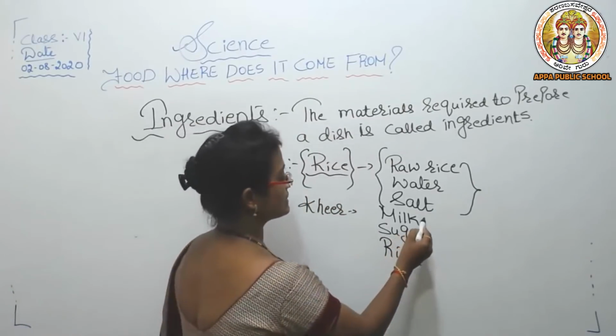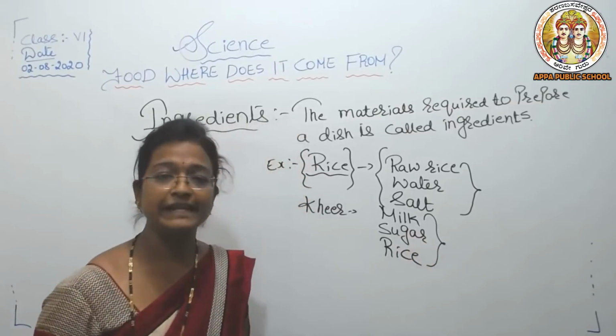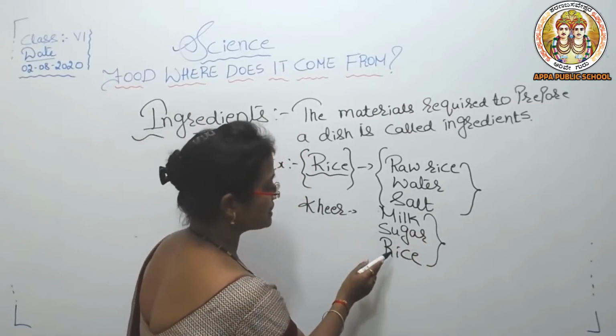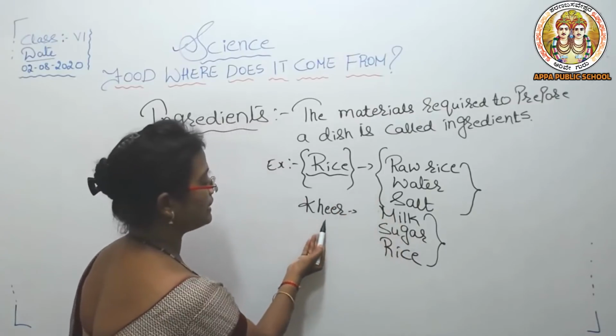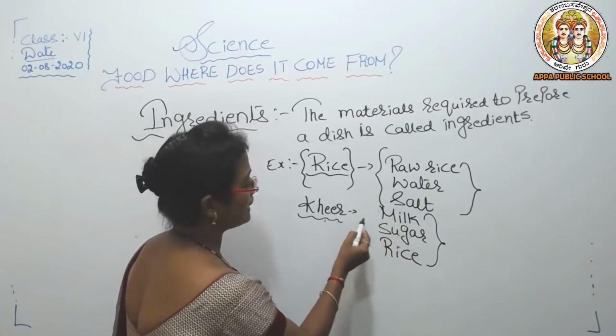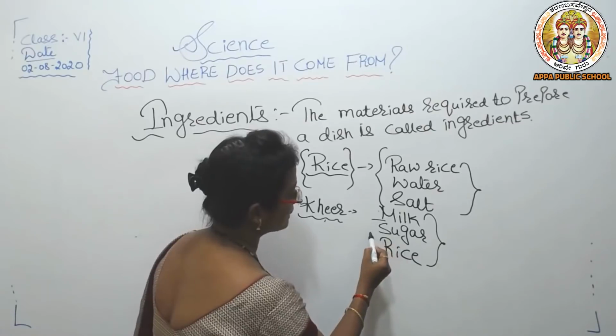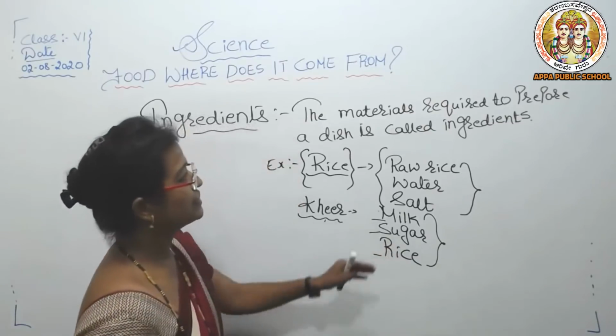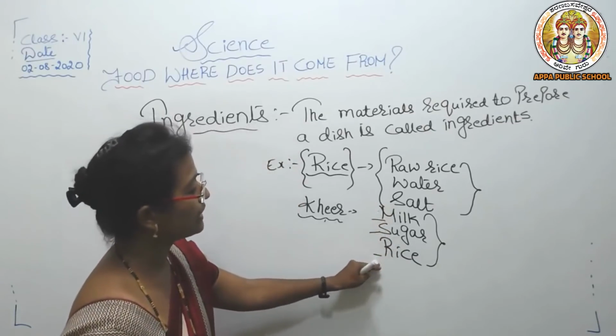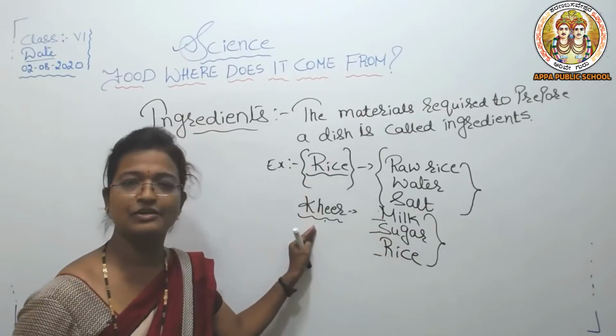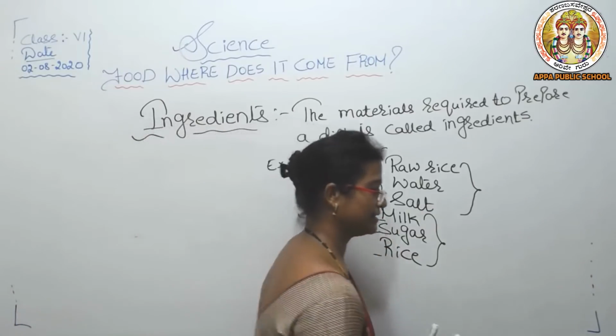What we call for these? Ingredients. The materials which are required to prepare a dish. Here the dish is kheer and the materials are milk, sugar and rice. So the materials required to prepare a dish is called ingredients.